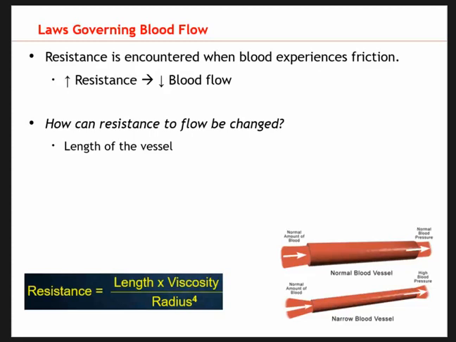Longer vessels equal greater resistance because now the blood has to travel further. So in smaller children, they have lower blood pressures due to the smaller length of the vessels. But as we age, as our body lengthens, that pressure increases because that resistance is now greater, and that's going to decrease our blood flow.